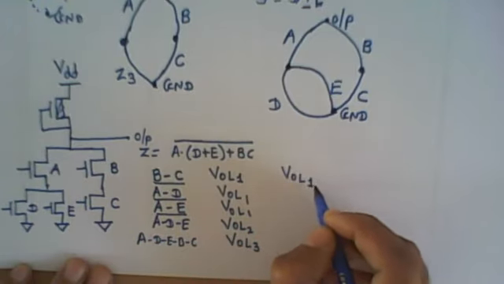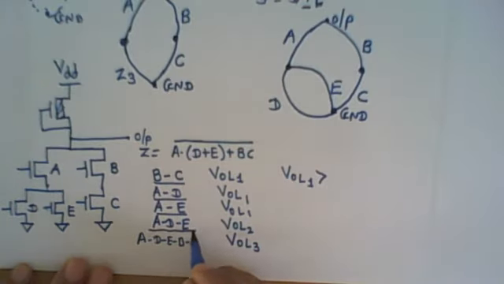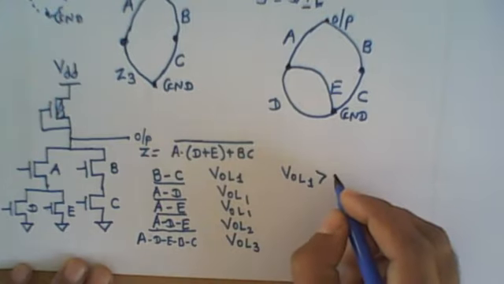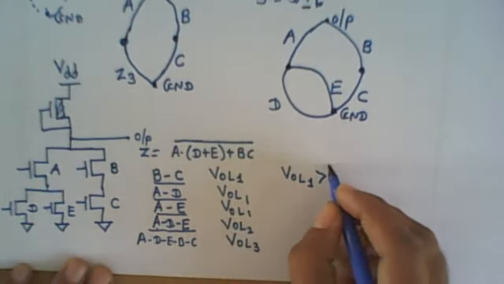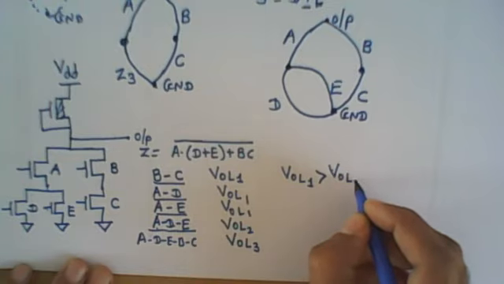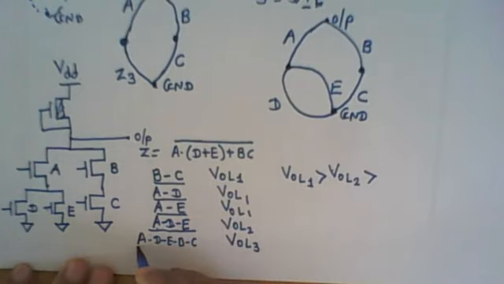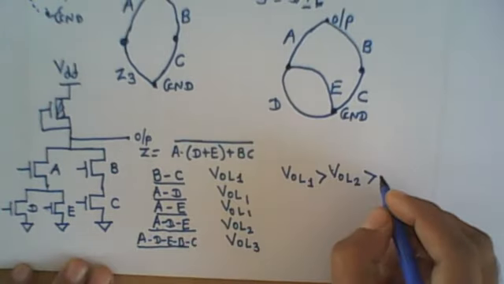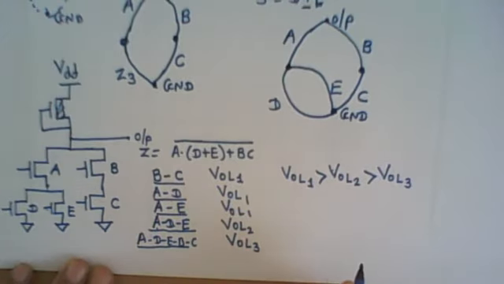Now this VOL1 output is definitely greater than when 3 MOSFETs are 1, A, D and E. So VOL1, in the case when 2 MOSFETs are 1, is greater than that when 3 MOSFETs are 1, which is VOL2, and this VOL2 is again greater than when all the MOSFETs are 1, which is the VOL3. So this is the relationship for the number of MOSFETs that are 1 for the different combinations when output is equal to 0.